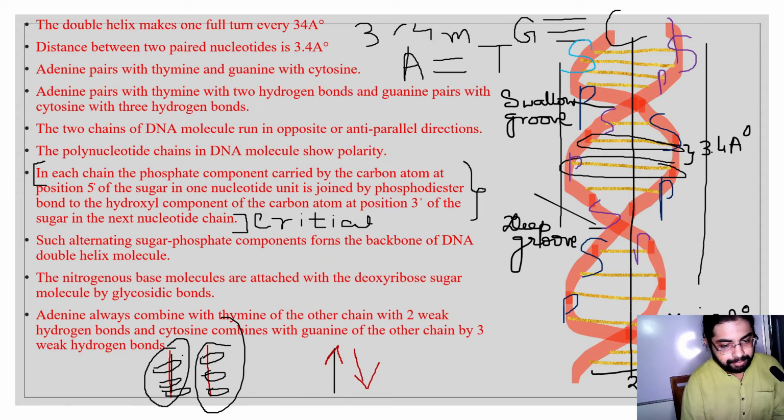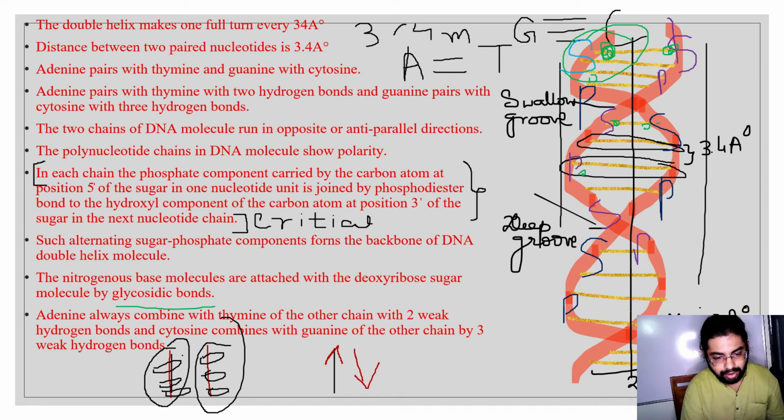The nitrogenous base molecules are attached to the deoxyribose sugar molecule by glycosidic bonds. So if this is sugar, here you will find, I am marking with green color, the nitrogenous base. Here also you will find a nitrogenous base. So every nitrogenous base, which is either adenine, guanine, cytosine or thymine, is attached to this sugar by a glycosidic bond or glycosidic linkage.